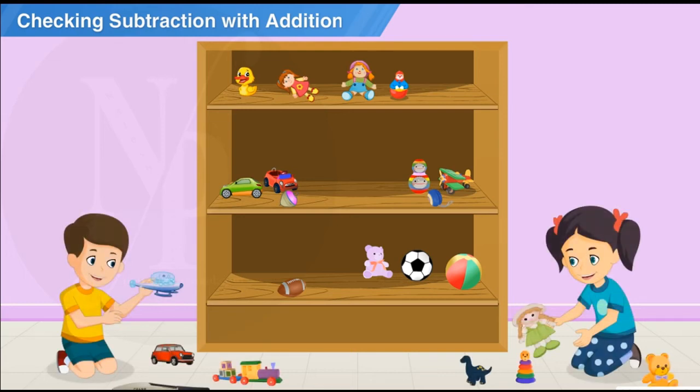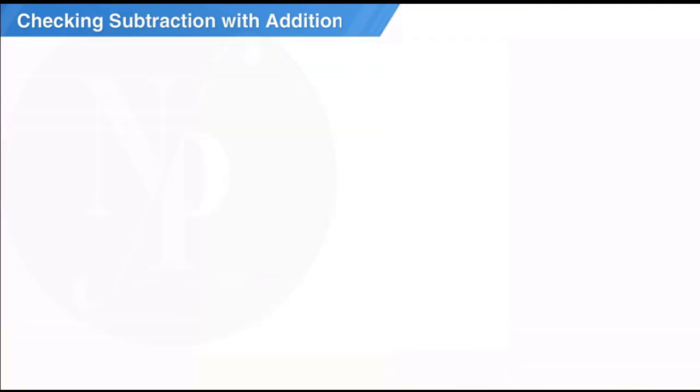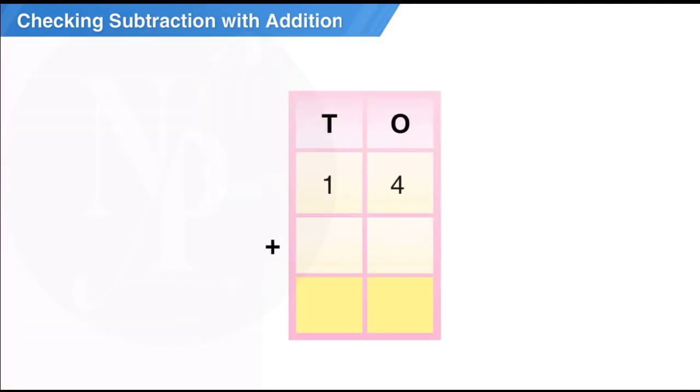Ria and Mayank are now going to do their homework, so they keep the 8 toys back in the shelf. How many toys are there in the shelf? We can add 14 and 8 to find the total number of toys in the shelf. Let us now observe the addition and subtraction we have done.